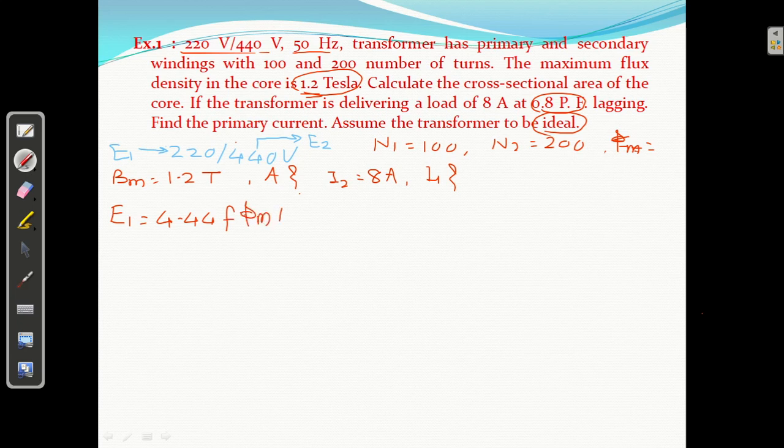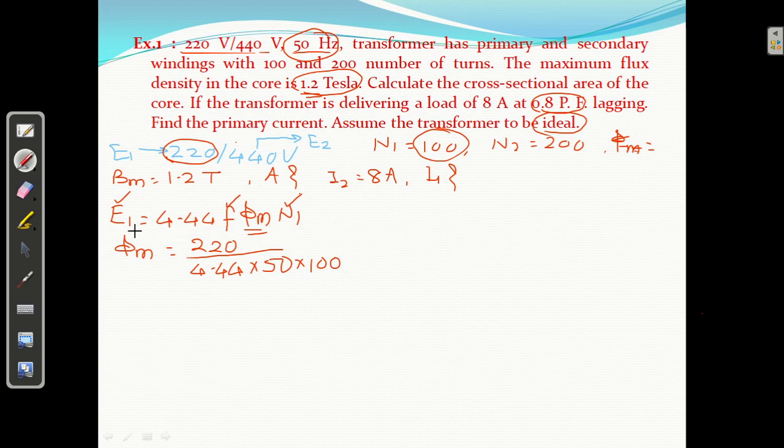phi m N1. Frequency is known, N1 is known, so you can find phi m. phi m equals E1, which is 220, upon 4.44 f, with f given as 50 hertz, and N1 given as 100. So from E1 equals 4.44 f phi m N1 you can find phi m.